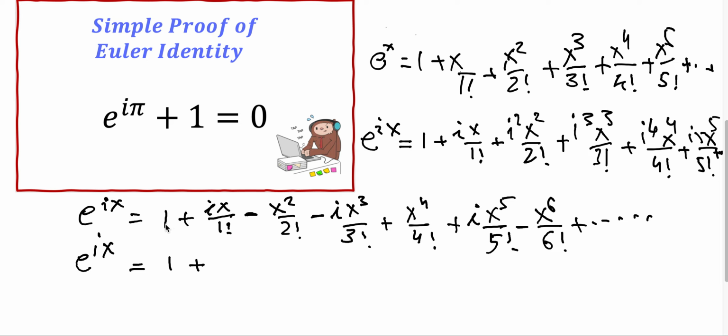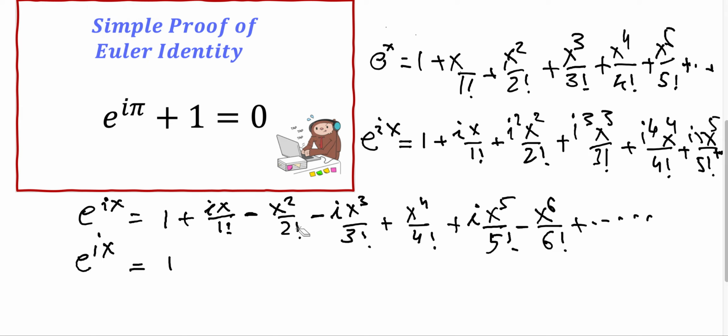Because I have here 1, let me write those x squared, x to the 4, x to the 6 that do not contain i, the pure imaginary part i. So just the real part, we can write 1, and this one, let me change the sign here because it's not very good.